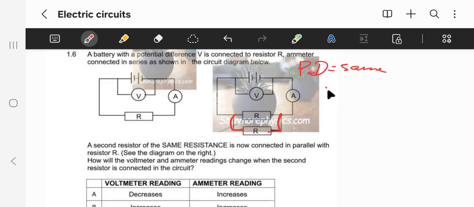So if we look at the relationship between resistance and current, it's inversely proportional. That means the resistance will decrease due to us having added this resistor in parallel, so the current has to increase.